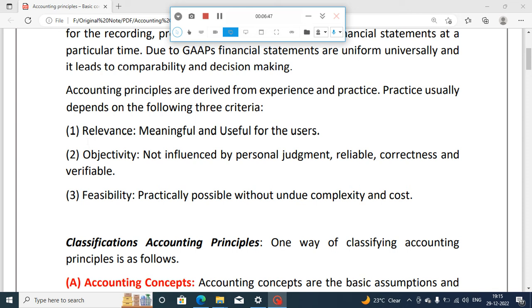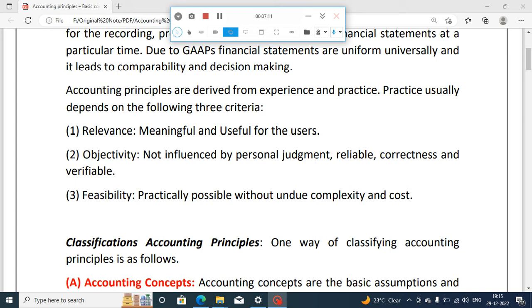Relevance means meaningful and useful for the users of accounts. Our financial information should be meaningful and useful for the users. Second, objectivity. Objectivity means not influenced by personal judgment.